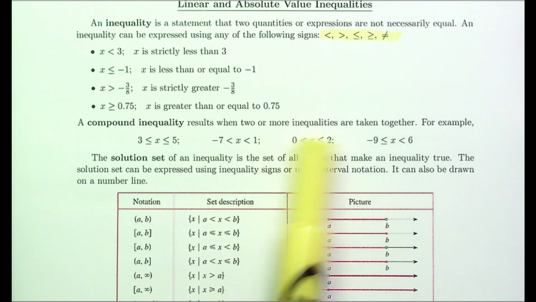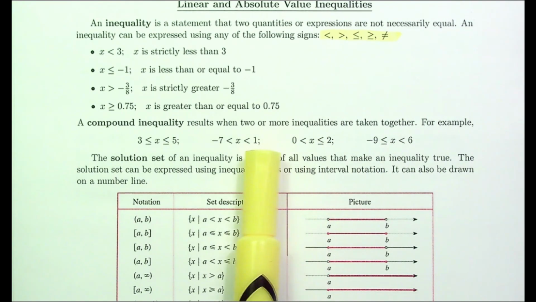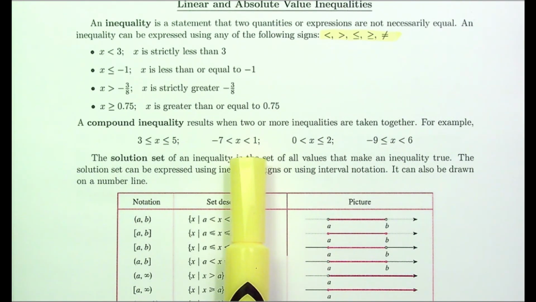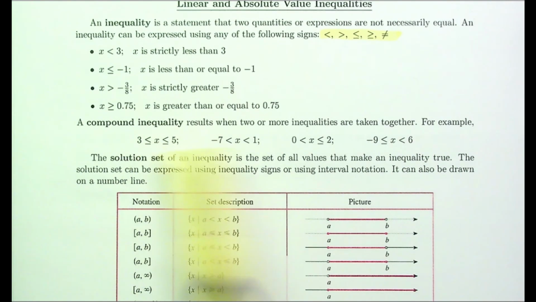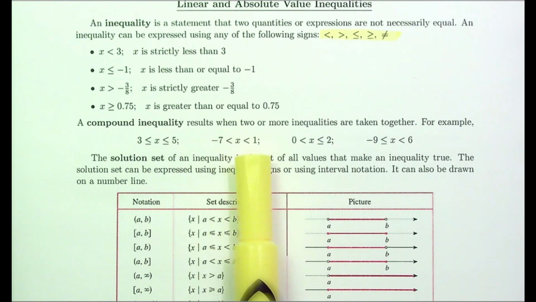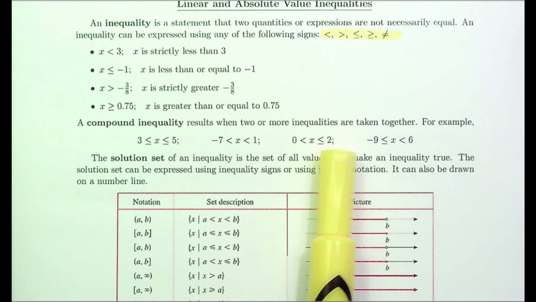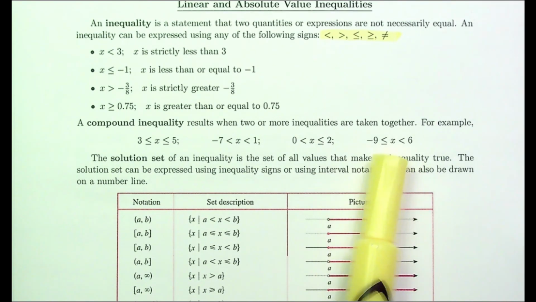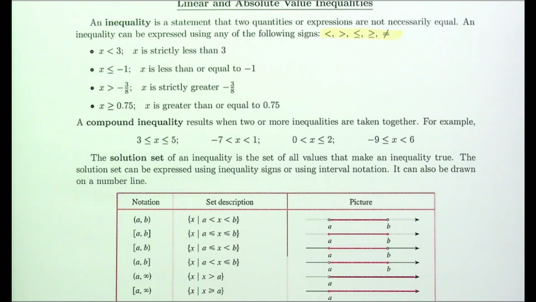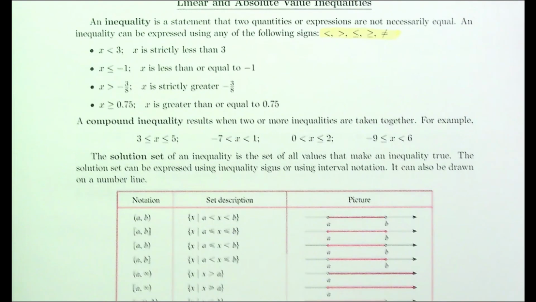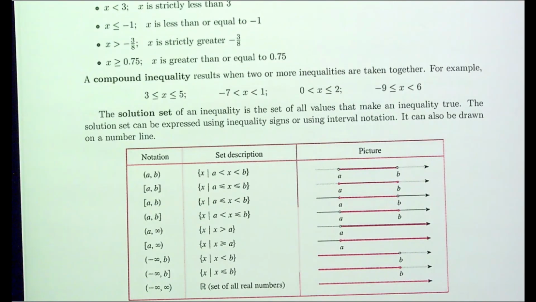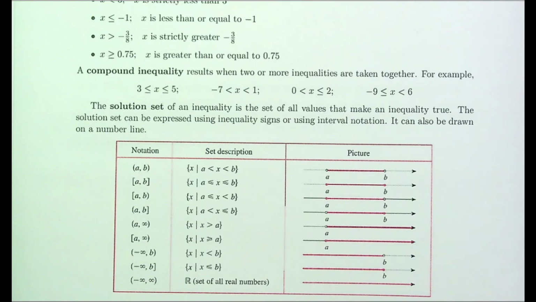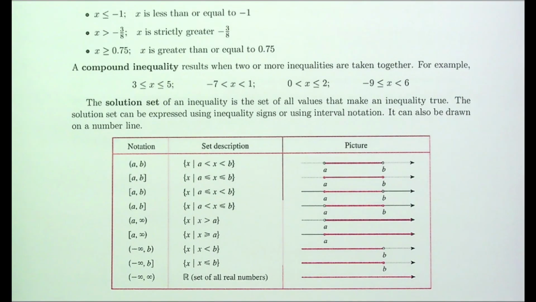So you can have all possible combinations. There are four types. You could have less than or equal on both. You could have strictly less than on both. You could have one strictly less than and the other less than or equal, or vice versa. So when you have a compound inequality, you have four possible combinations. And again, most examples are two inequalities taken together, but you could have more than two.